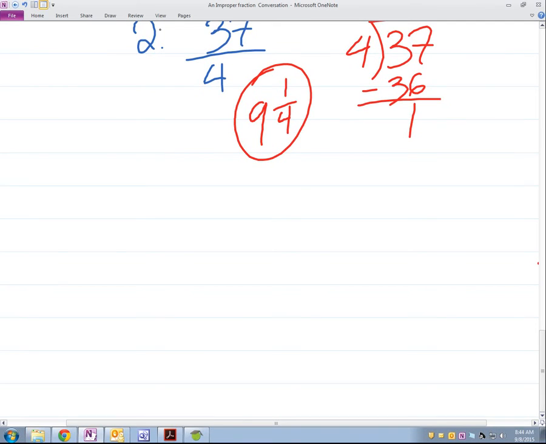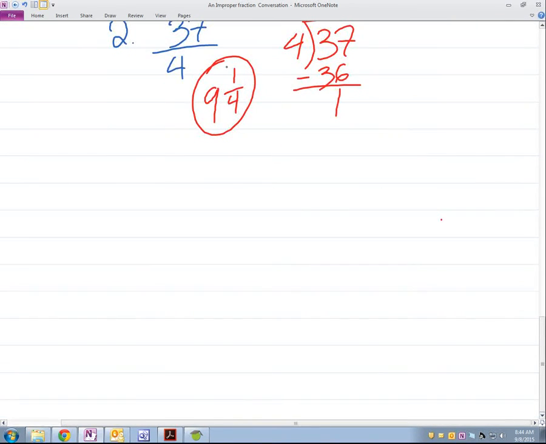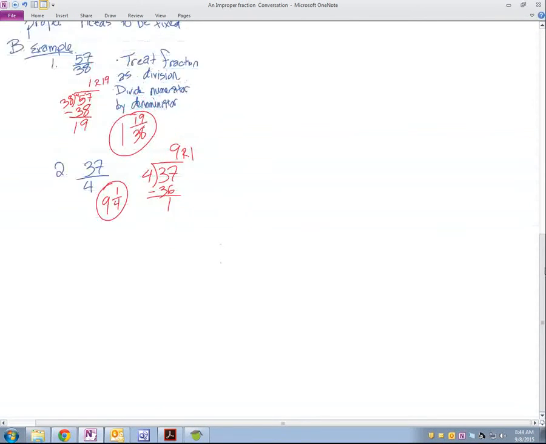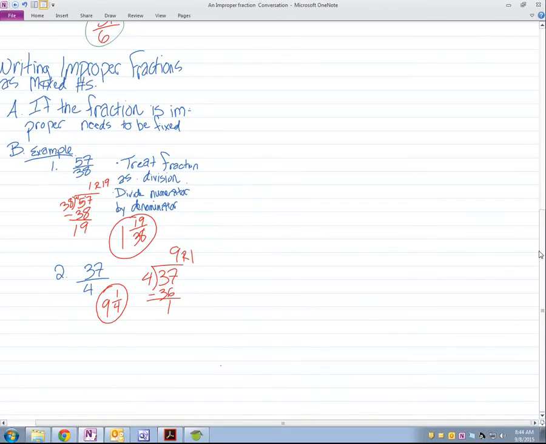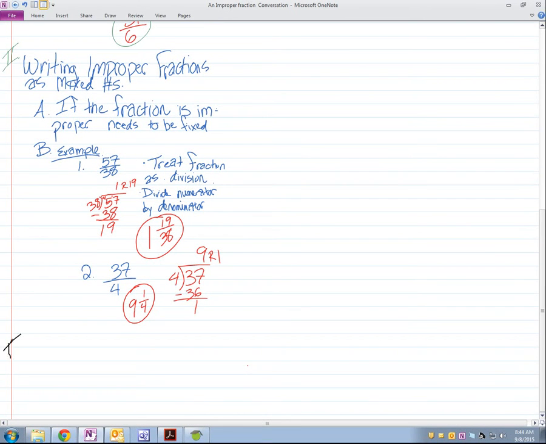So this would be, actually I want to zoom out to see where we're at. We only have a little bit more to write. So C, no, 3.